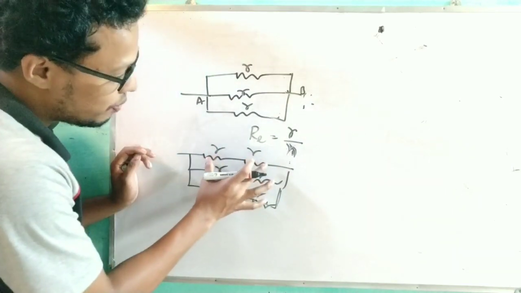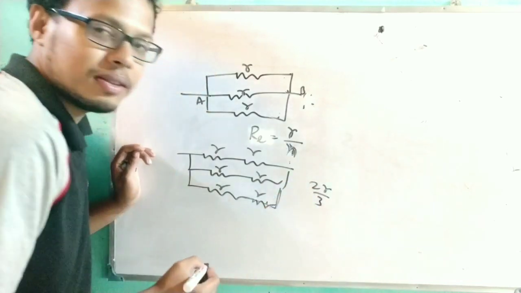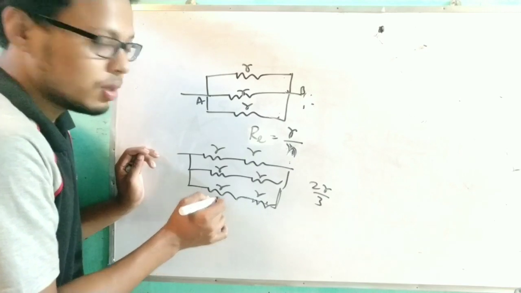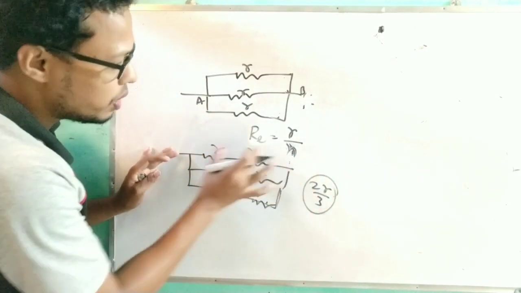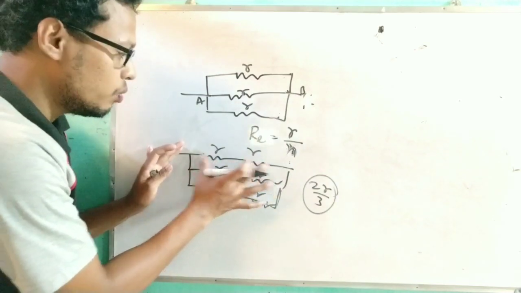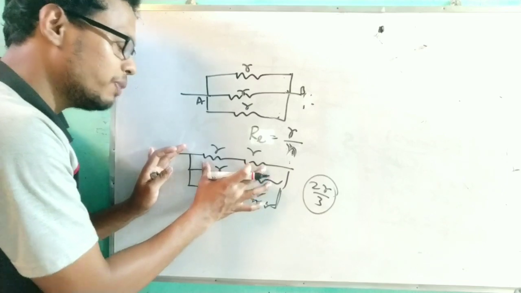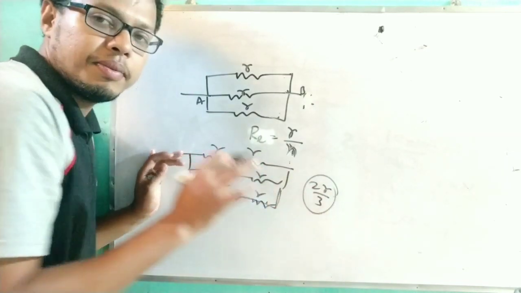You have to write the total value 2R, meaning 2R by 3. Okay. Don't write R by 6. Understood what I am telling? 2R by 3, where N equals how many connections there are: 1, 2, 3. That's why 3. If you write total resistance 2R, then total resistance 2R by 3. Then it is okay.